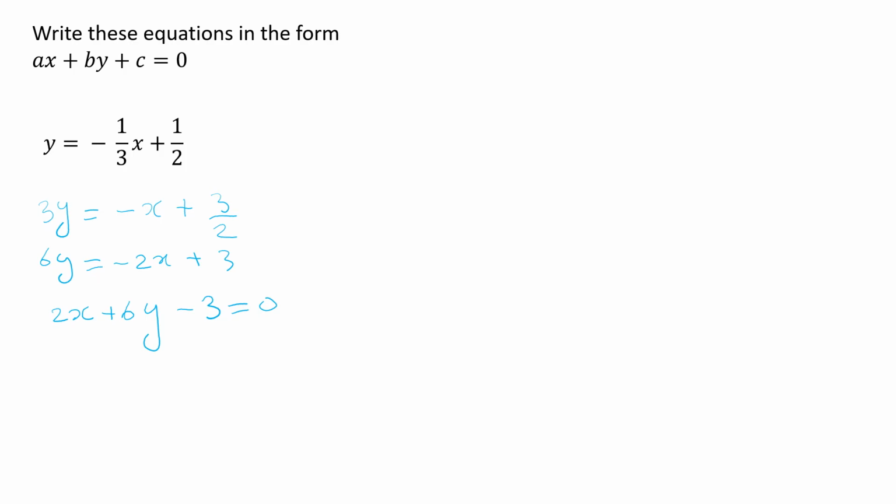In this equation, y equals negative 1/3 x plus half, the common denominator for this fraction is 6. So you can multiply straight away by 6. So 6y equals minus 2x plus 3. Now you can rearrange 2x plus 6y minus 3 equals 0. Either way you can do this one.